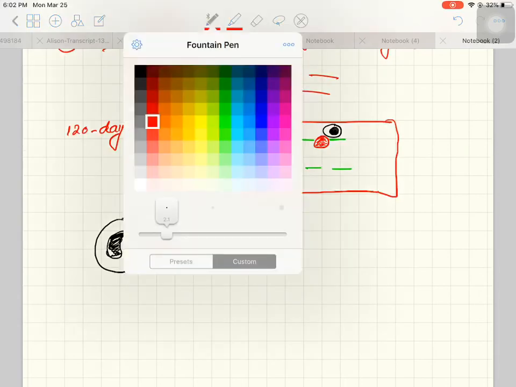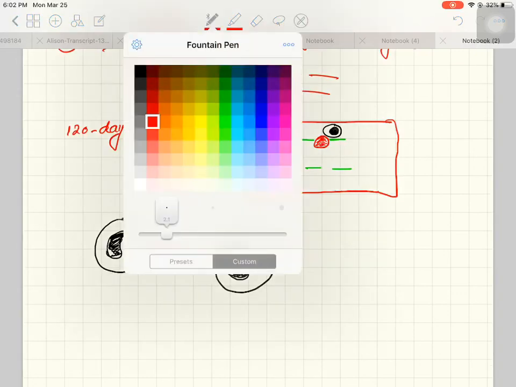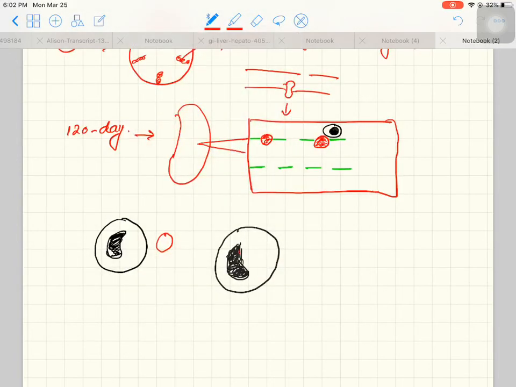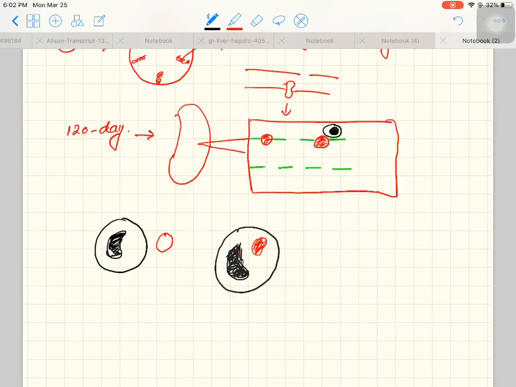These RBCs are engulfed by the macrophage like this. The RBC cells are engulfed and broken down inside the macrophage. And this is extravascular because it is not inside the vessel.